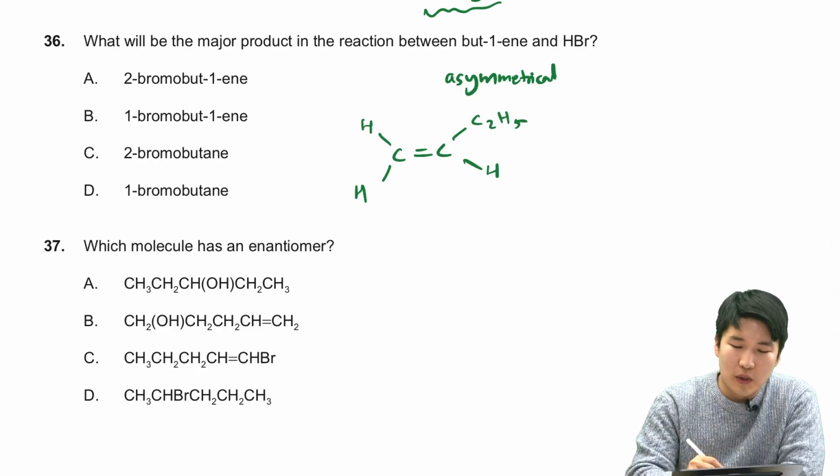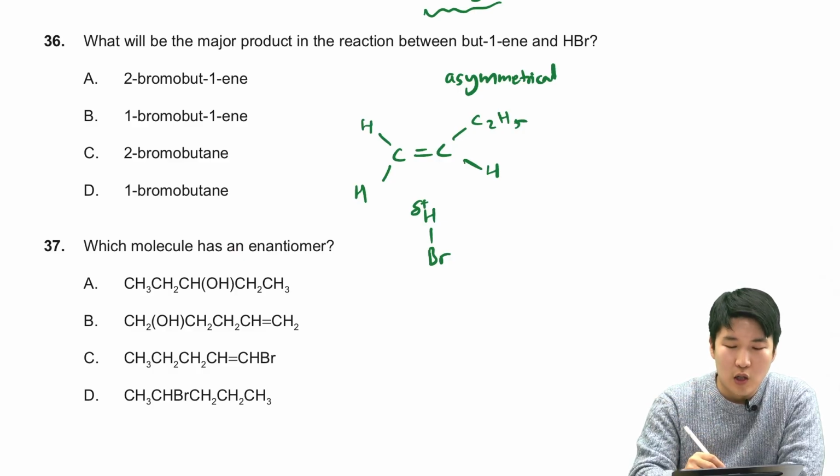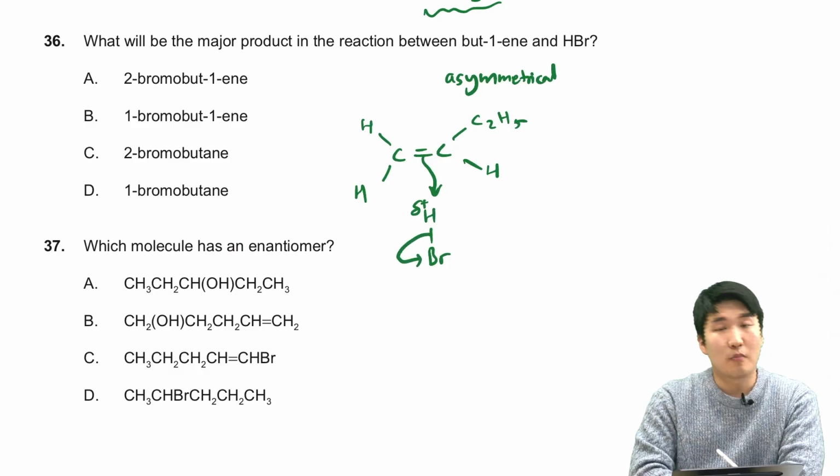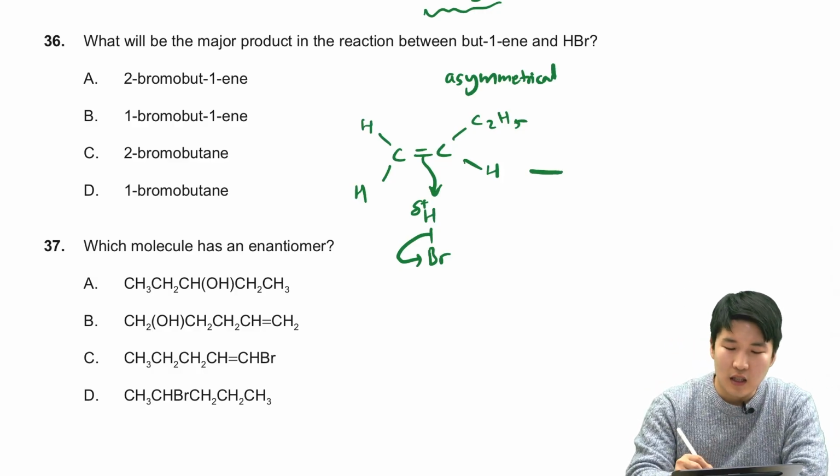To which there will be the addition of our electrophile, where the delta positive, the polar positive hydrogen, will be facing the double bond for electrophilic attack, while the polar negative bromine atom will be facing away, giving a carbocation intermediate.